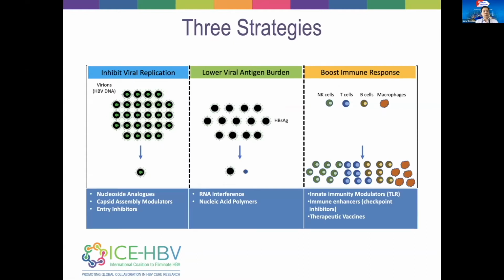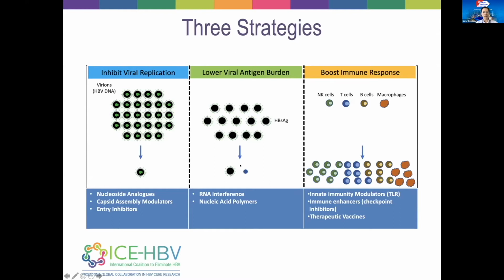Now, that's why we need new treatments to try and achieve cure. There are 3 strategies to try and reach this goal. The first one here on the left is to inhibit replication. I've already shown you in that pathway that inhibiting replication doesn't really deal with the pathway of the secretory antigens.